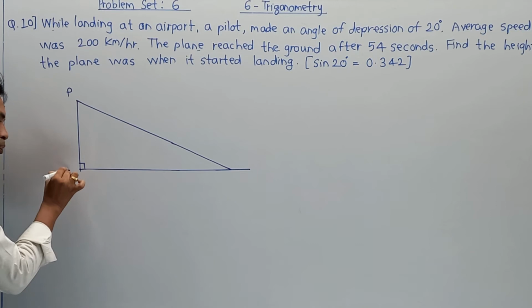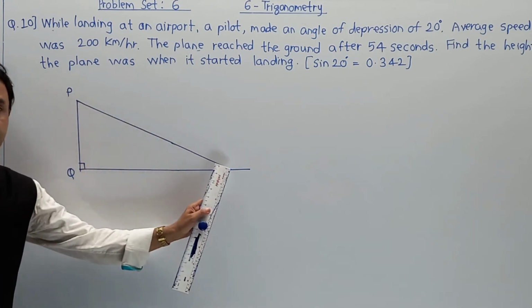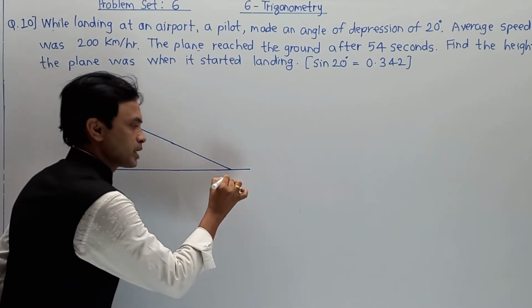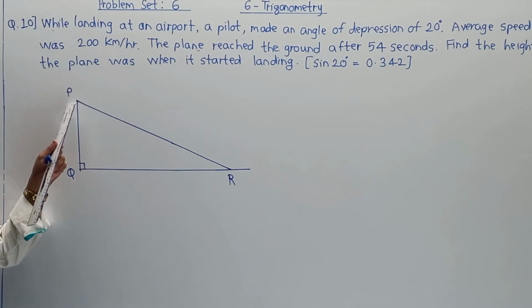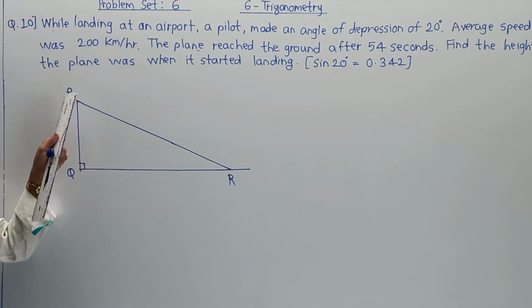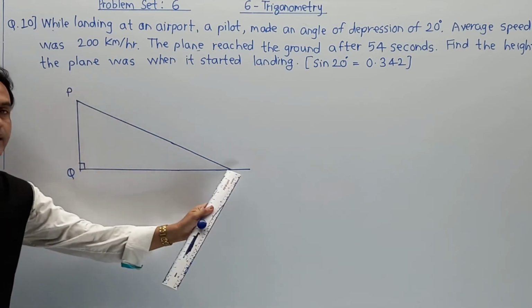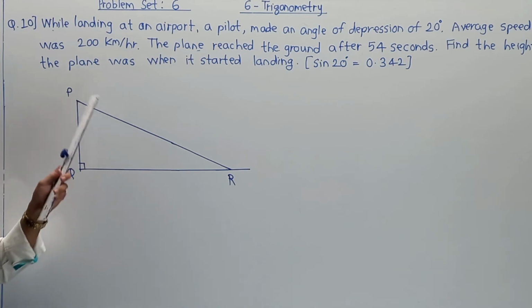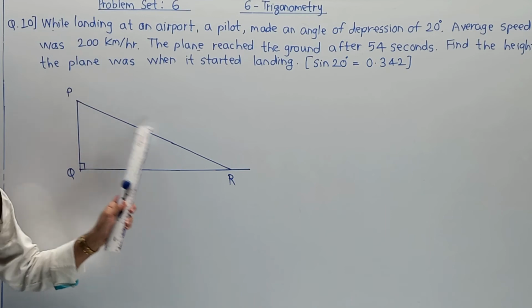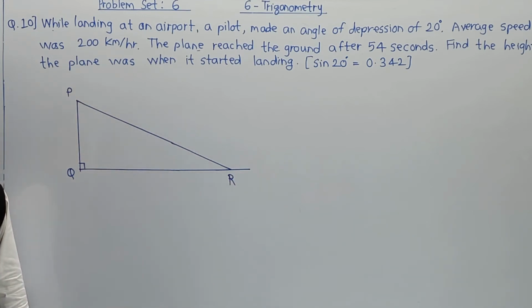Now I am going to indicate this point Q over here, and when the plane is coming in a downward direction, it reaches the ground, let us say at point R. In this way I have taken a structure: P for the pilot, PQ is the height of the plane from the ground, and PR is the landing distance. In the numerical, from point P to point R, when the plane is moving in this direction and touches the ground, it takes 54 seconds.